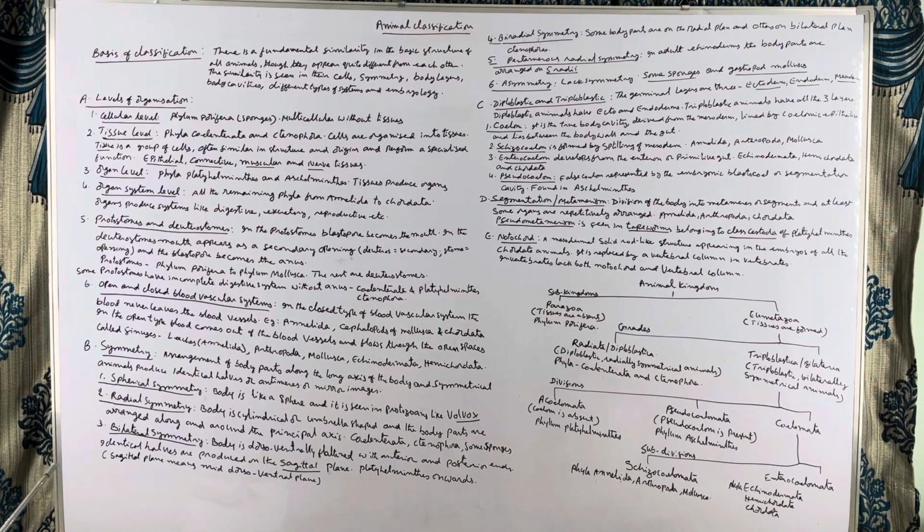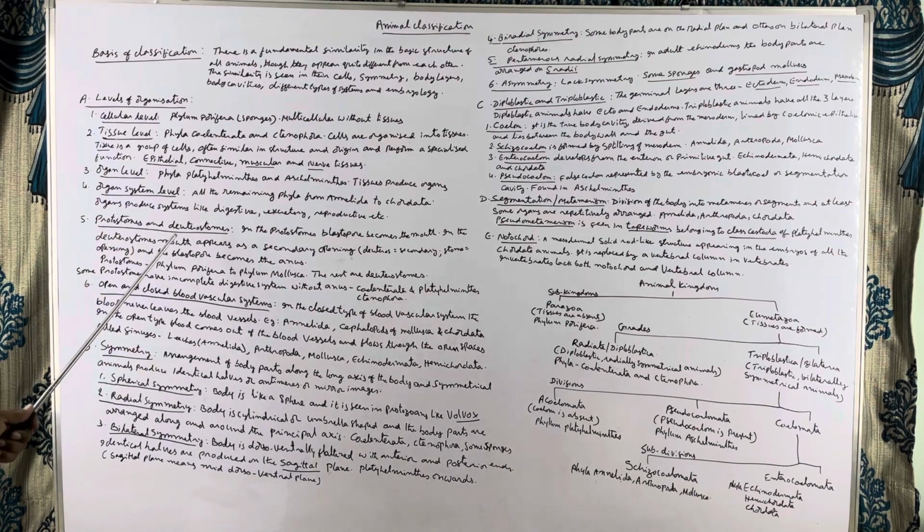Then, protostomes and deuterostomes. During embryonic development, what happens is the gastrula has a cavity known as gastrocoel. It opens to the outside by means of an opening known as a blastopore. In some animals, the blastopore becomes the mouth, and in others, it becomes the anus. The animals in which the blastopore becomes mouth are known as protostomes.